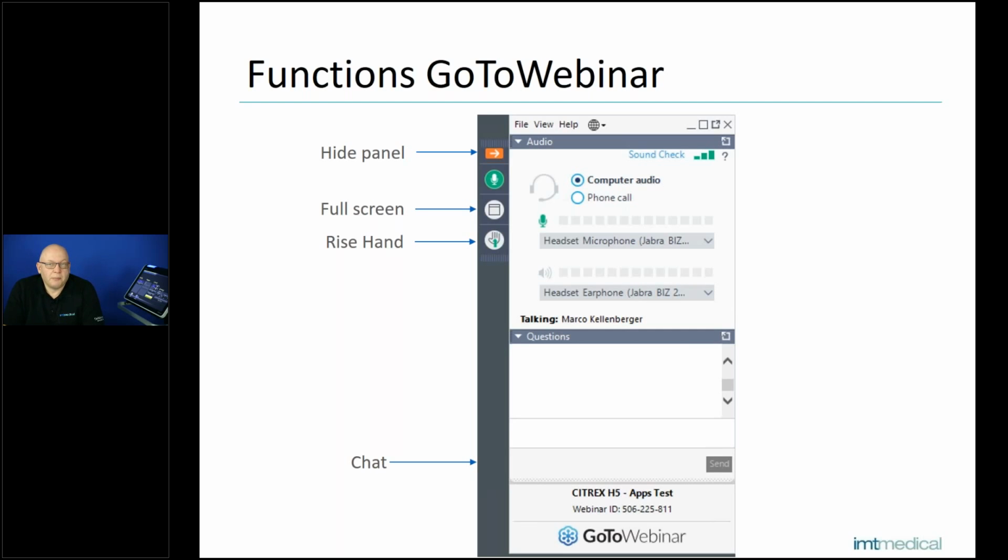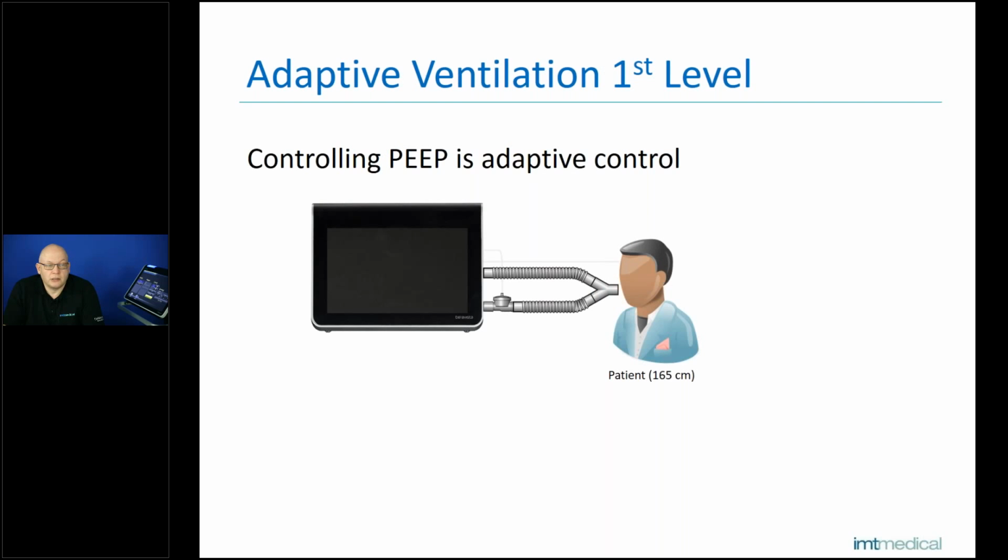But we already have adaptive ventilation in daily use, because the first level of adaptive ventilation is setting a PEEP. The patient on a CPAP will have a CPAP or PEEP level. If the muscular activity of the patient changes, the flow will change, and so there has to be an adaptation of the PEEP.